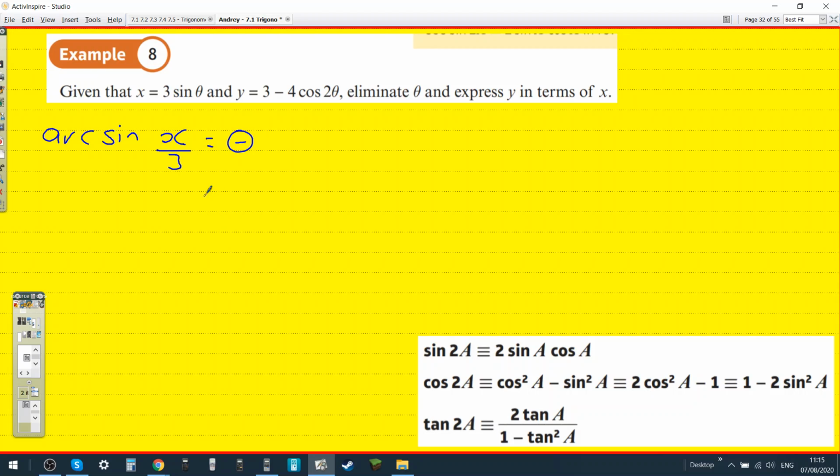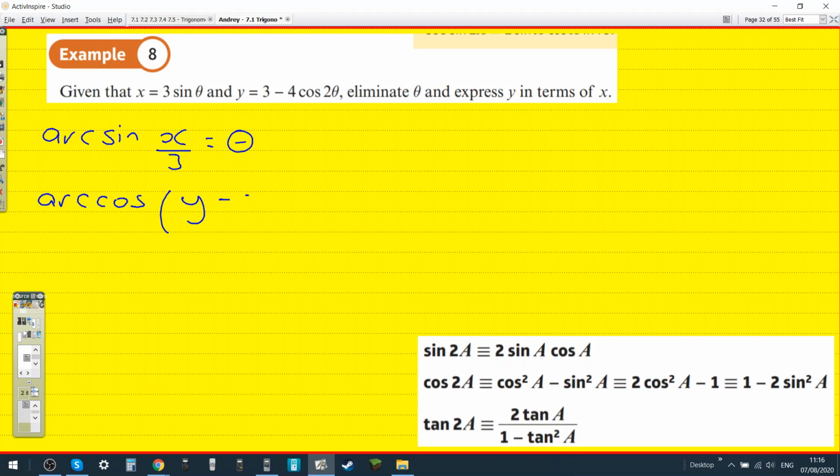And then should I then do y minus... I would have to simplify in the end, but would it be something like y minus 3 over... No, would it be like arc cos of y minus 3 divided by minus 4 over 2?